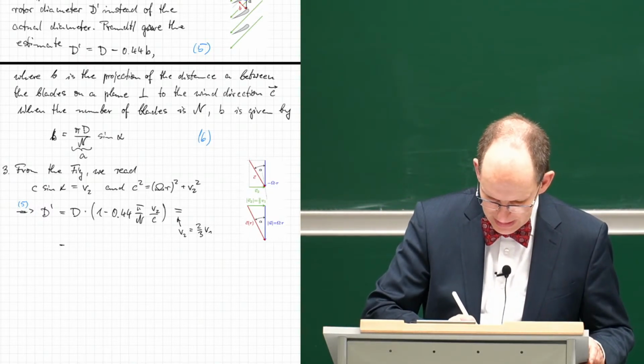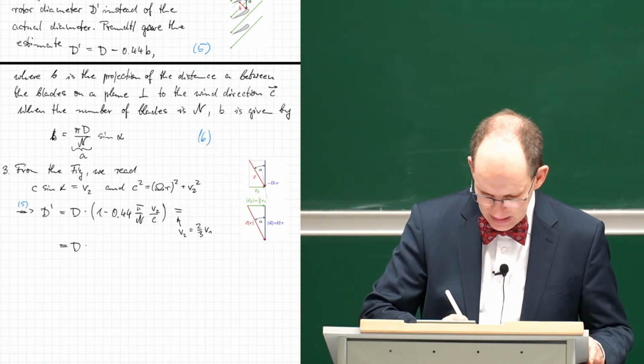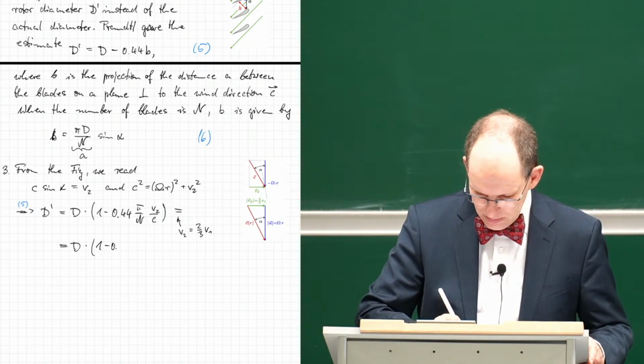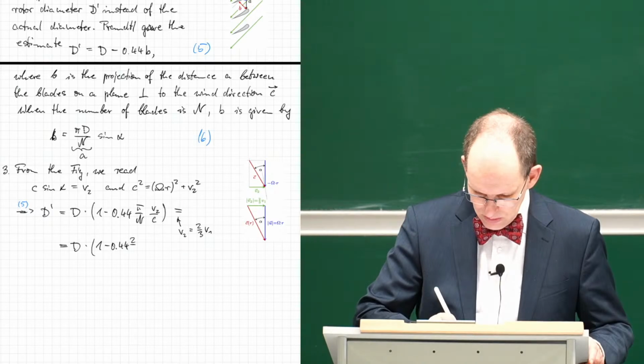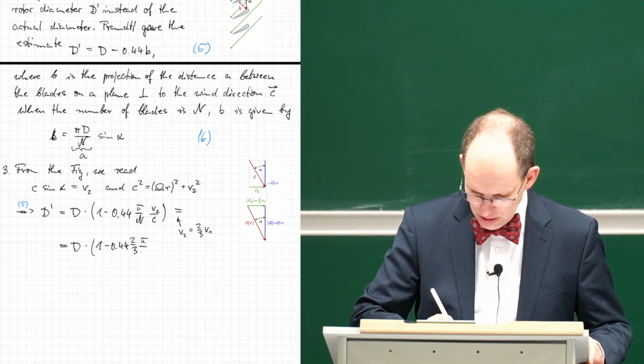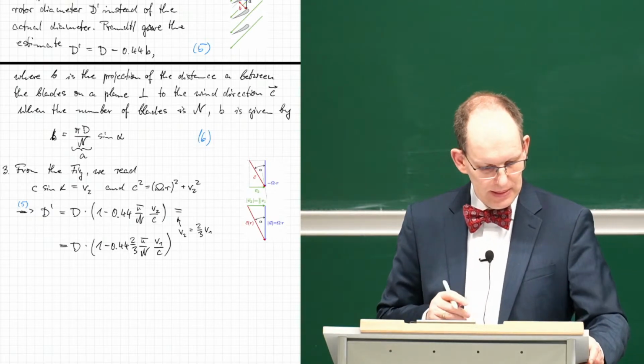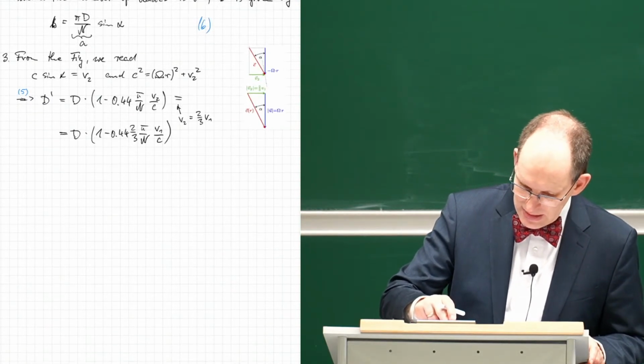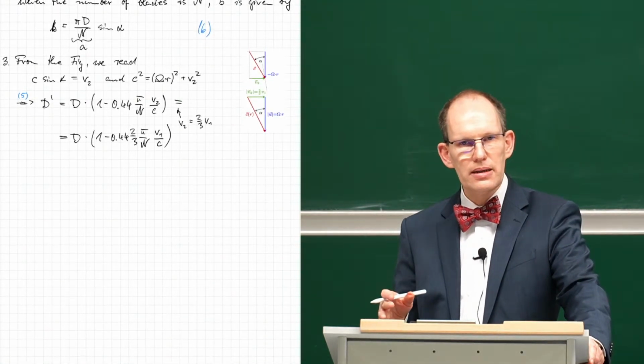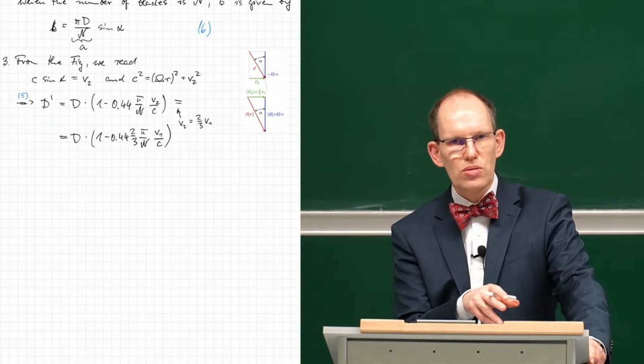And then we get D times 1 minus 0.44 times 2/3 pi over N, and now V1 over C.